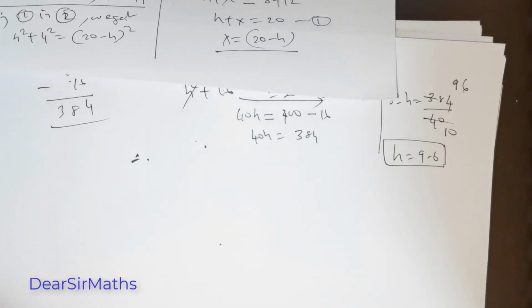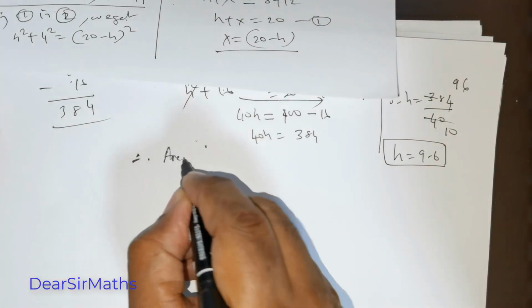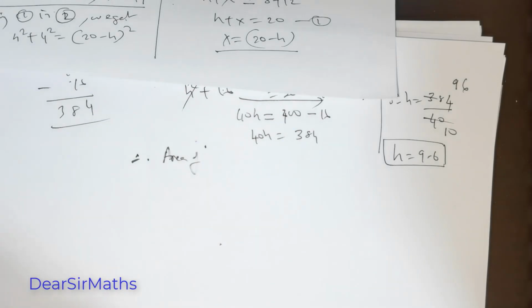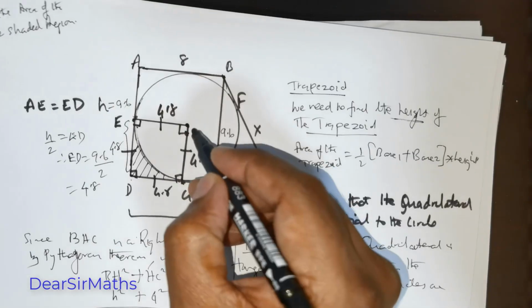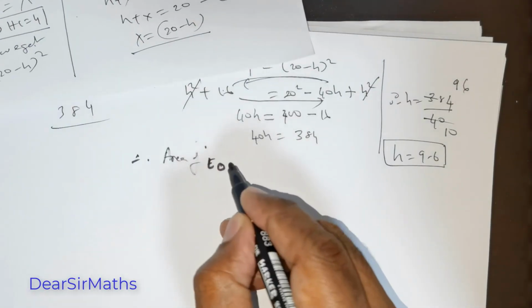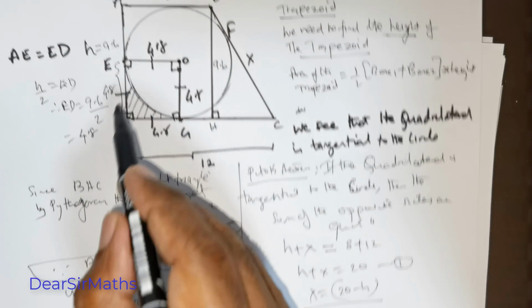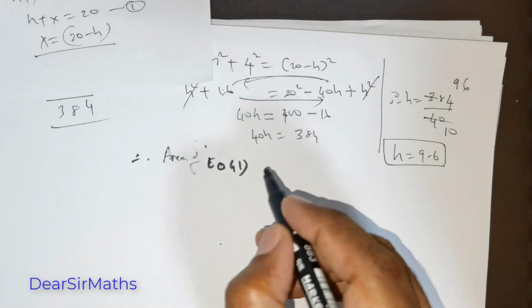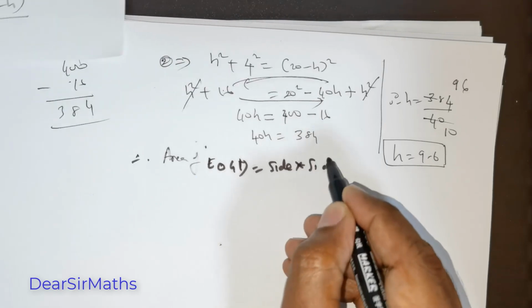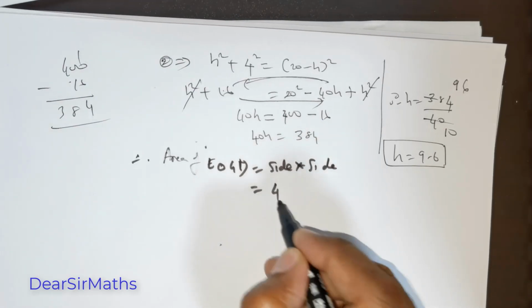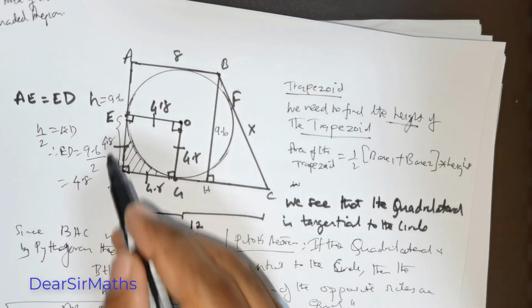Therefore area of EOGD, what is the area equal to? It's nothing but side into side, and I know one side to be 4.8, right?